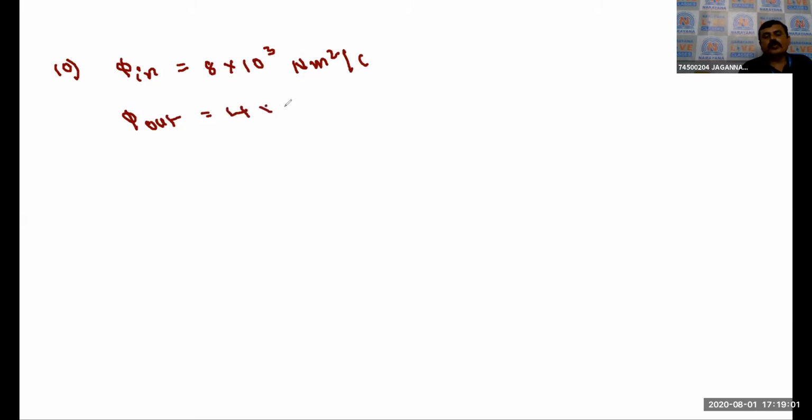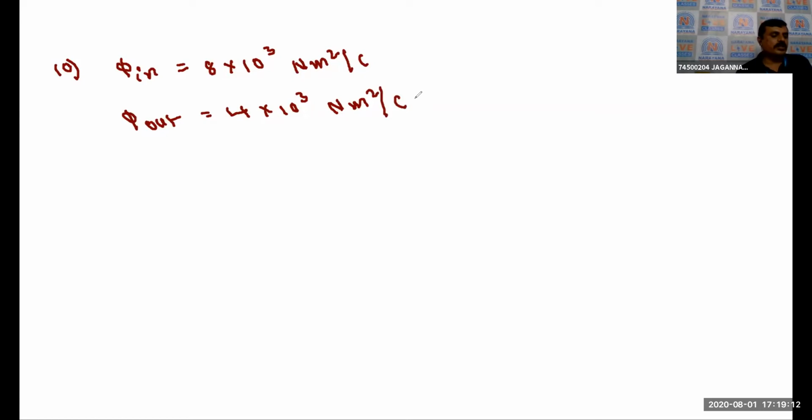Means inward electric flux is given 8 into 10 power of 3, Newton meter square per coulomb. Outward electric flux is given 4 into 10 power of 3. Units are also the same, Newton meter square per coulomb.